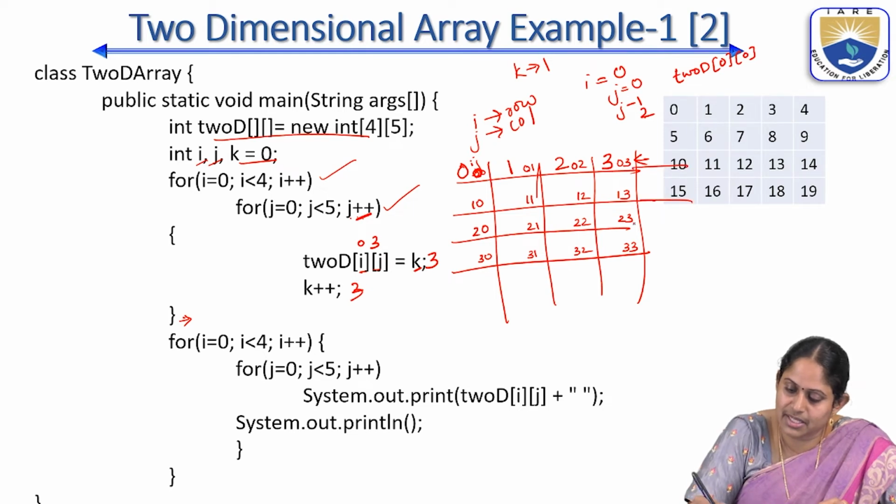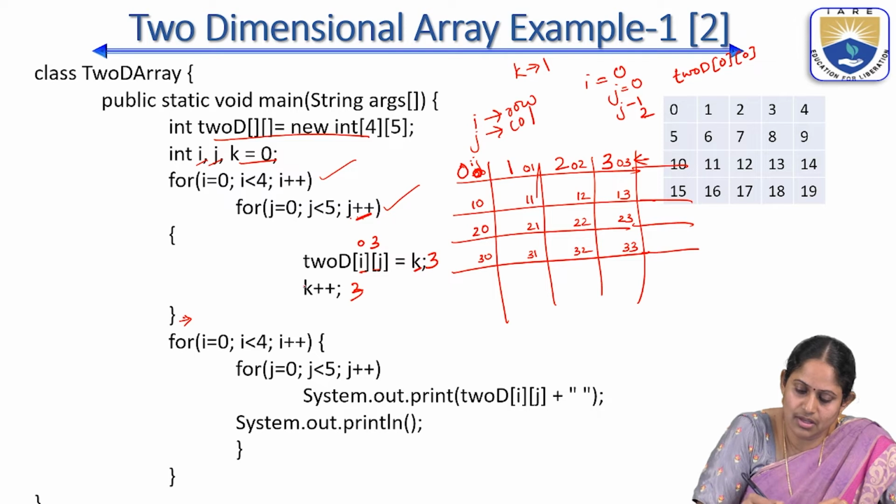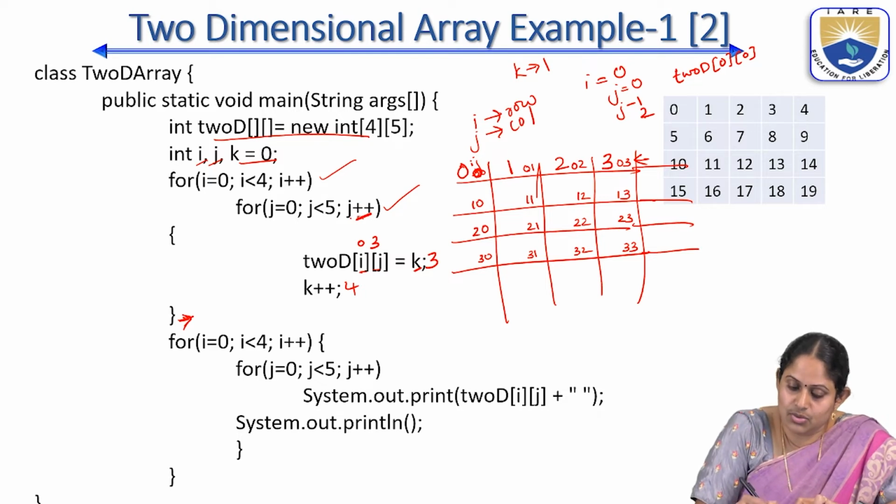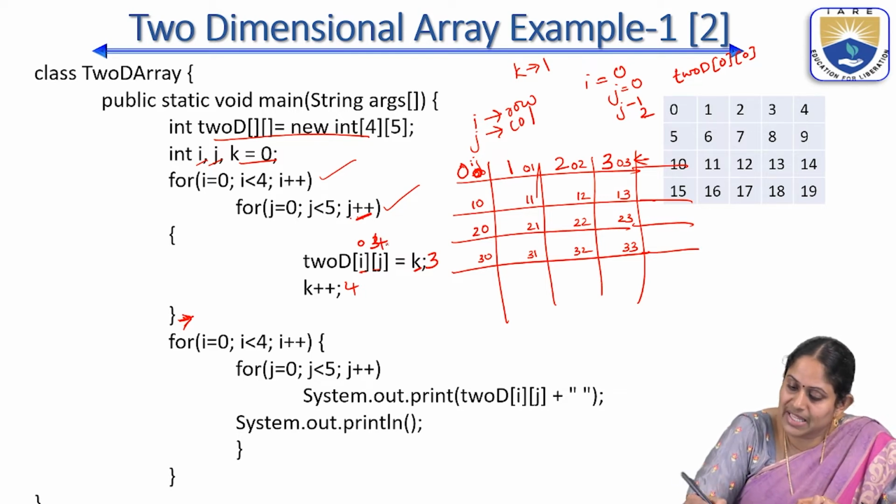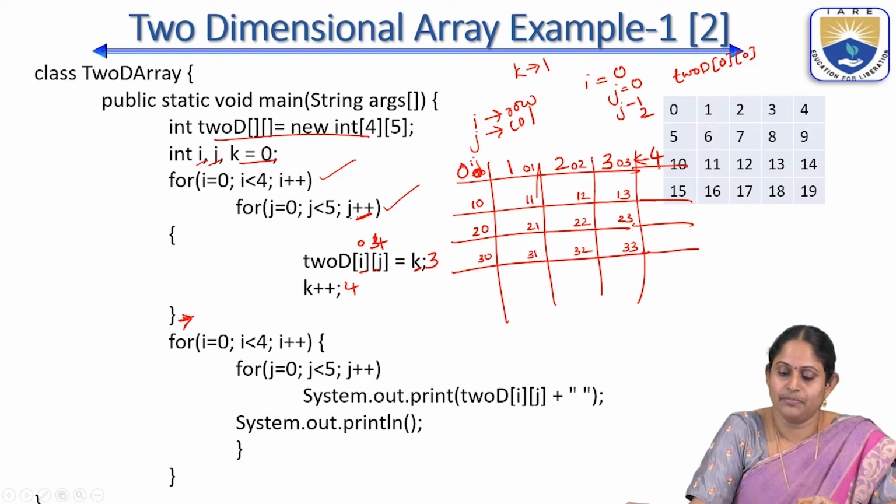Again j++, and k becomes 4. After making k 4, j becomes 4, so into 0,4 the element 4 will be stored.